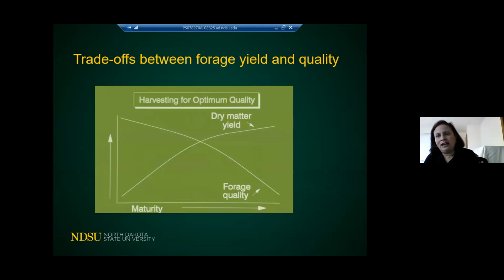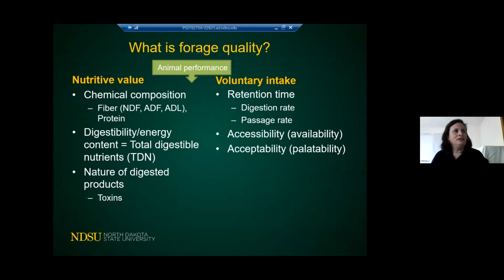And the mix is the same thing, okay? So what is forage quality or nutritive value? It really does not depend so much on the composition of the plant, but on the animal performance. So that's my cow: can my cow increase in weight if I feed them this or that forage?